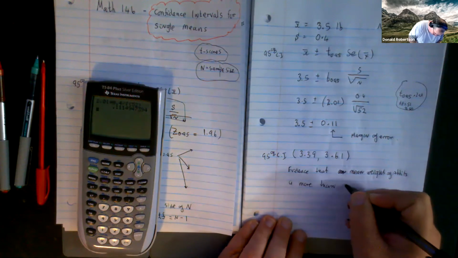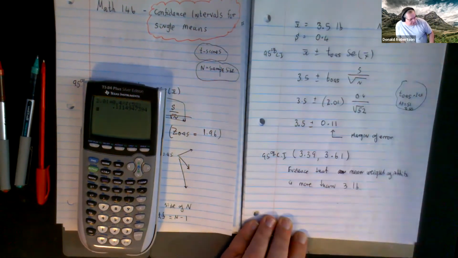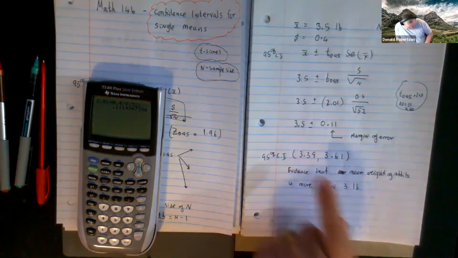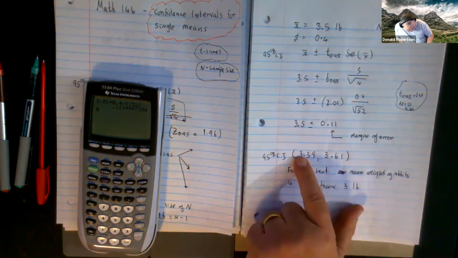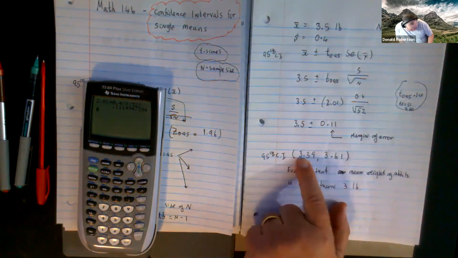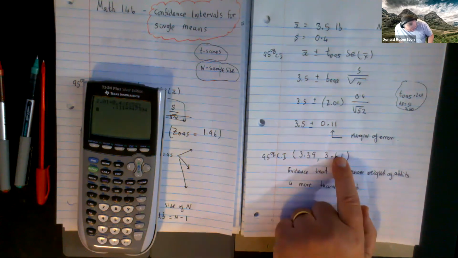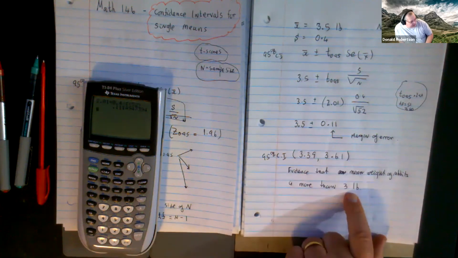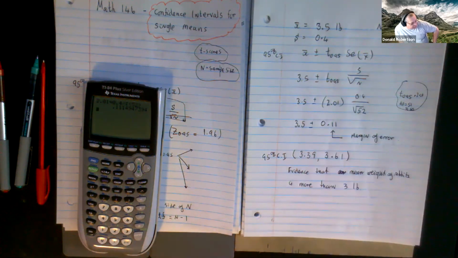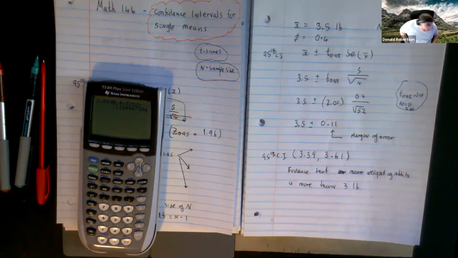Would you agree? And how would I argue that? I'd say, look, I may not know which one of these numbers between here and here is the true average weight of rabbits, but I do know that all of these numbers are bigger than 3. So logically, I would assume that the average weight of a rabbit is more than 3 pounds.